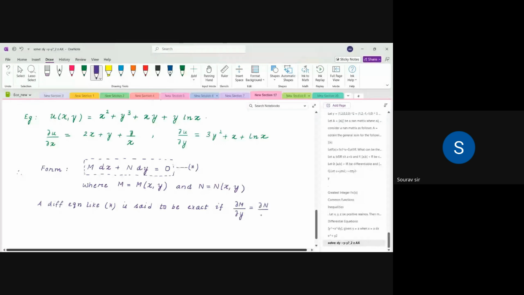Okay, the partial derivatives. So if you are representing your differential equation in this format, M dx plus N dy is equal to 0, and the partial derivative of M with respect to y is equal to the partial derivative of N with respect to x, then such a differential equation will be called an exact differential equation.